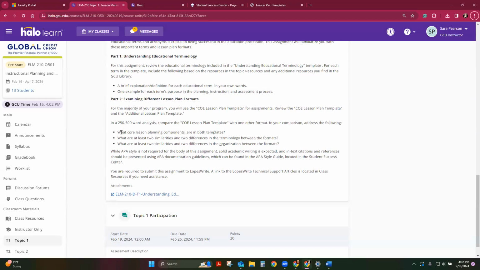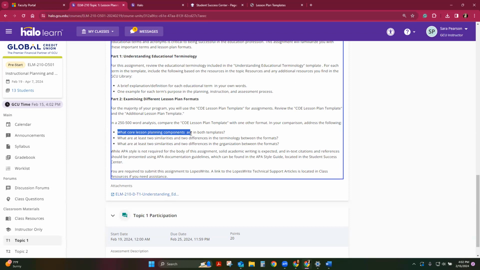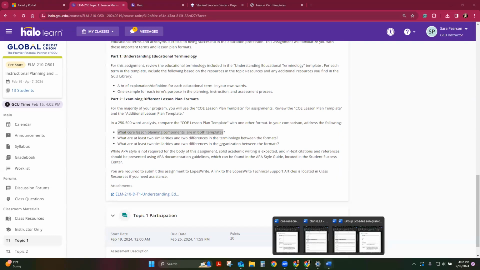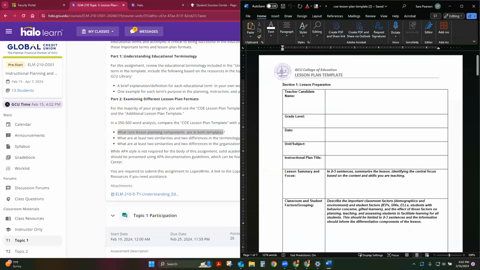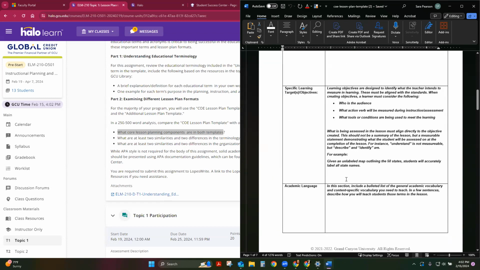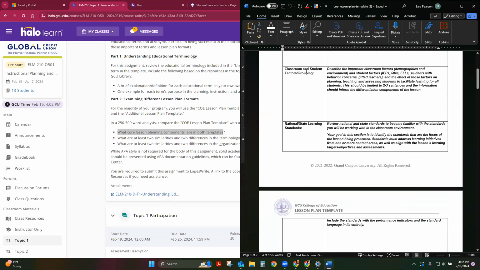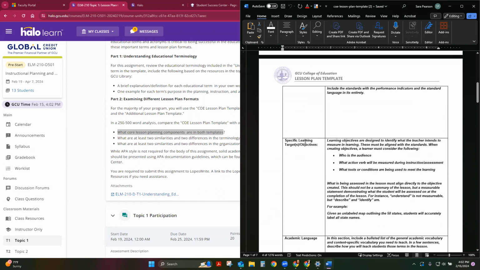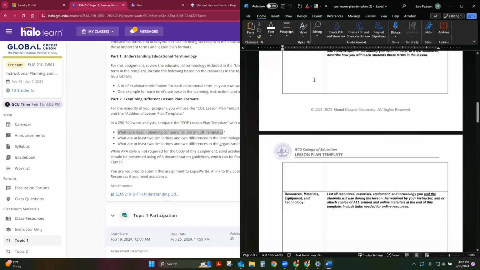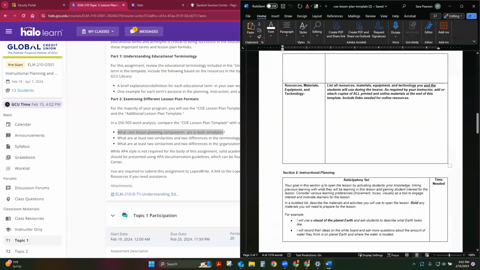So first it says what core lesson planning components are in both templates. When they're talking about the core components, we're talking about some of those components that you see. For example, section 1 has lesson preparation. Section 2, which includes standards, how we're going to group students, the objective for the lesson, language, and resources.